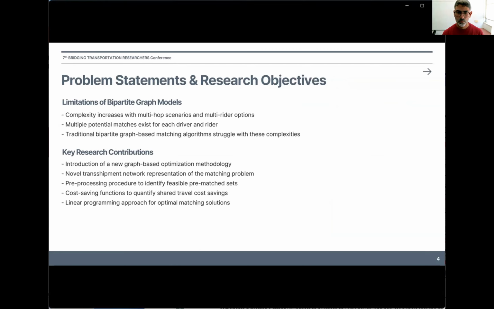Key components of the framework include a novel graph representation with a special transshipment node for handling multi-hop, multiple-rider matches, a pre-processing step to filter out infeasible matches, reducing complexity, a cost-saving function that quantifies the benefit of sharing rides, linear programming optimization to select the optimal set of matches that maximize cost saving, and validation through simulations comparing the proposed method with existing real-time matching heuristics.